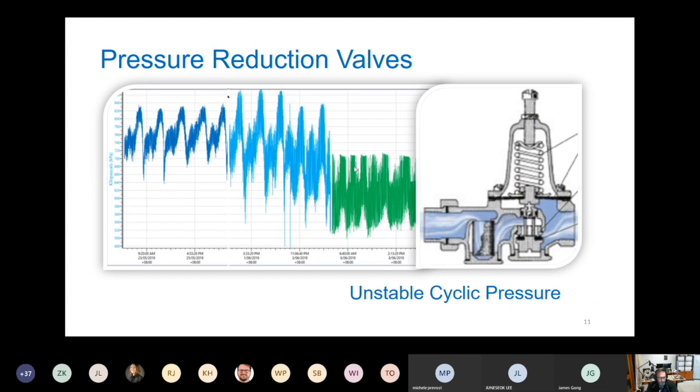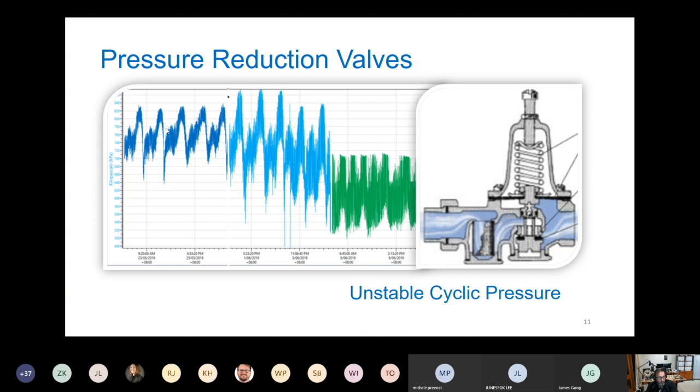Pressure reduction valves. What's wrong with gravity? The Romans didn't seem to have a problem with it, and now all we do is invent mechanical devices that try and defy it. This graph represents a PRV installed on a street system that had severe cyclic pressures.